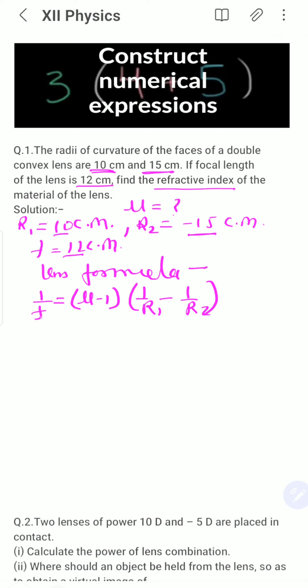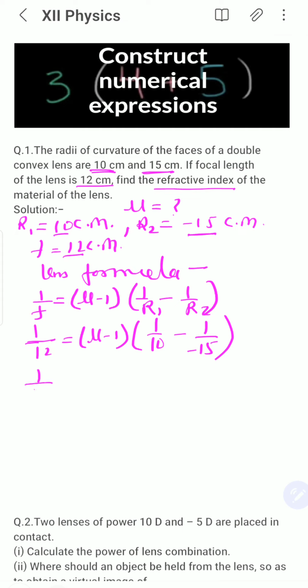So after putting these values, our equation looks like 1 upon 12 is equal to mu minus 1, which we have to find out, times 1 upon 10 minus 1 upon minus 15. So this equation will give something like this.